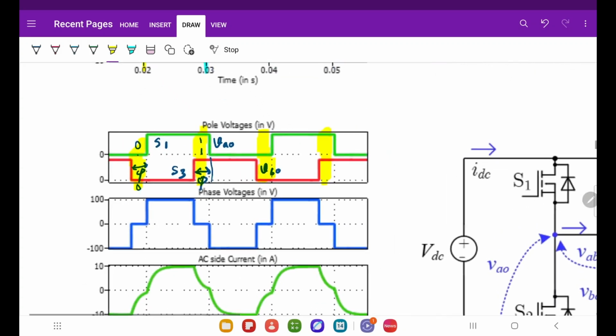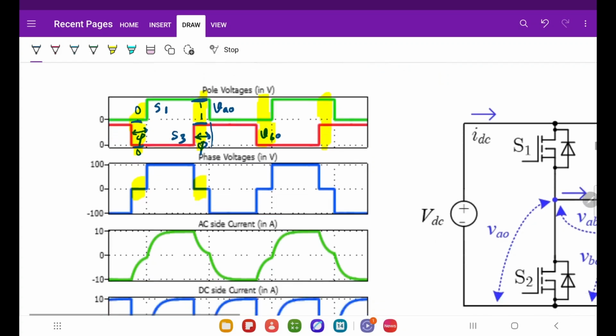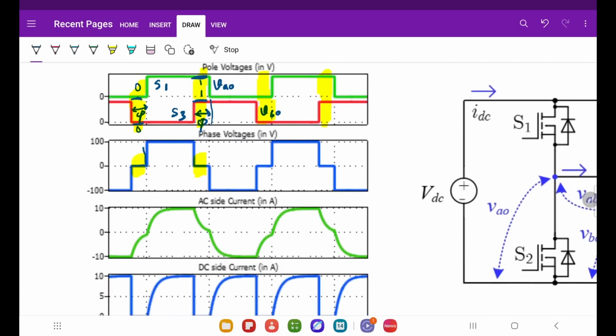During 0 0 output voltage is 0, and during 1 1 also output voltage is 0, because VAO equal to VBO in this period. They are both 0, and here you can see they are both plus 100 or whatever. So now you see the waveform changes like this. This is what we call a quasi square waveform.